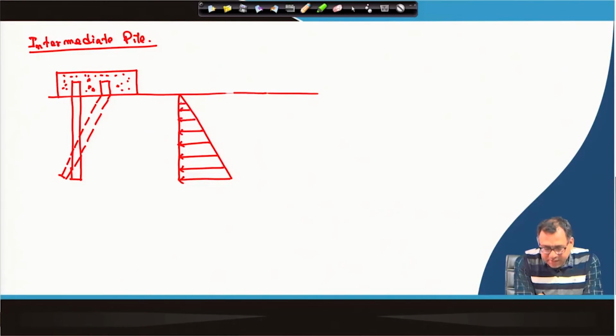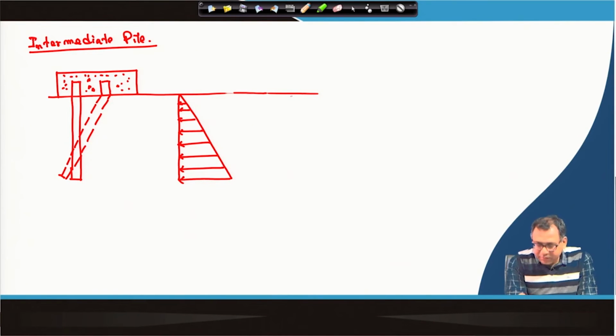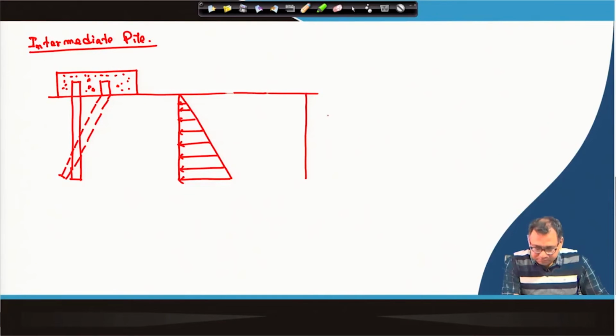And where will be the maximum bending moment? Maximum bending moment will be at a distance of f from the top, like the previous case, but yield moment will start at the pile top or pile head. So, this will be the diagram, the bending moment diagram.